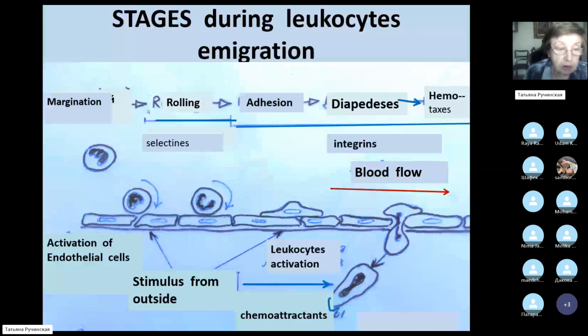Again, this is margination, then rolling. Rolling appears when there is not a closer contact between adhesion molecules on the membrane of the leukocyte and endothelial cells.